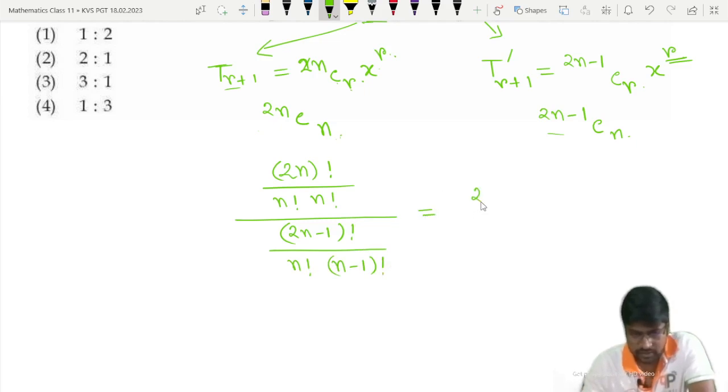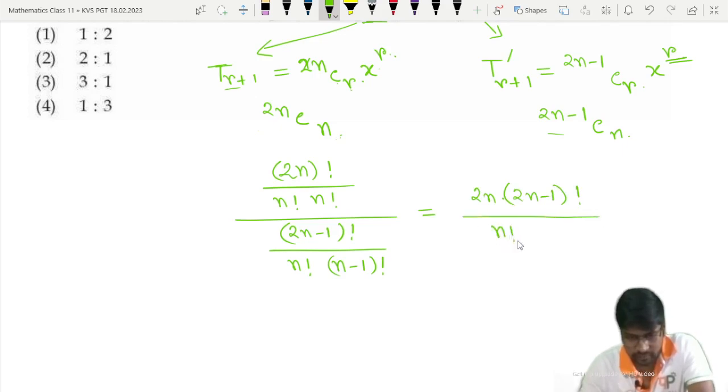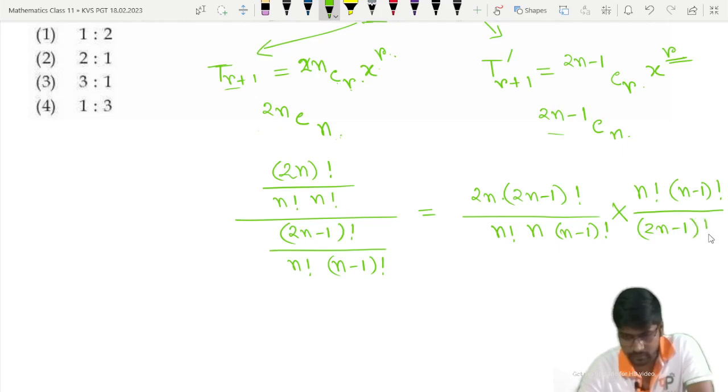So this again simplifies. 2n factorial I can write as 2n into 2n minus 1 factorial, divided by n factorial into another n factorial, which I can write as n into n minus 1 factorial, is it not? So into the denominator I am writing n into n minus 1 factorial divided by 2n minus 1 factorial.